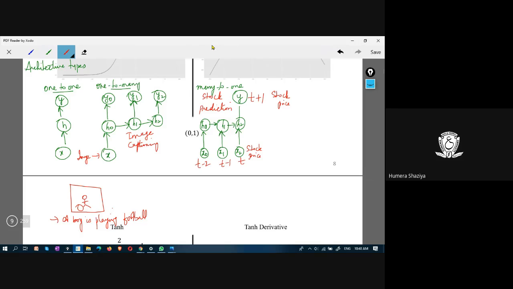So the model studies and learns from all these previous prices and gives out the predicted price, the next price. This is many to one.